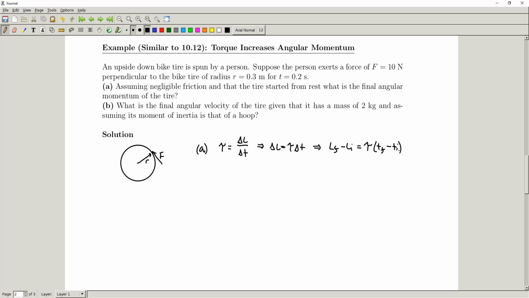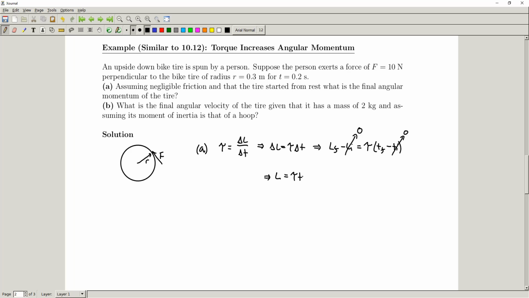We're told that our initial angular velocity is 0, and we can set the time that we start the experiment to 0. If I just drop these f subscripts, that leaves us with an equation that looks like this: L equals tau t, okay?